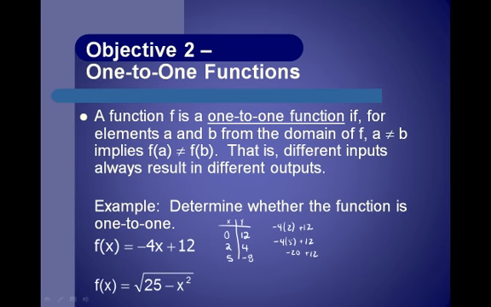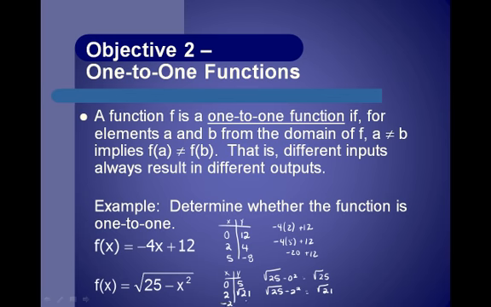Now the second example, f of x equals the square root of 25 minus x squared. We could also go through and plug some points. If we picked x as 0, then we get the square root of 25 minus 0 squared, which would be the square root of 25, which is 5. If we pick 2, then we would get the square root of 25 minus 2 squared, which would be the square root of 21.